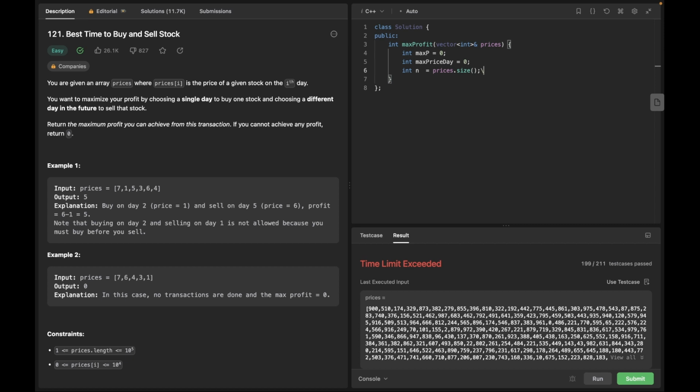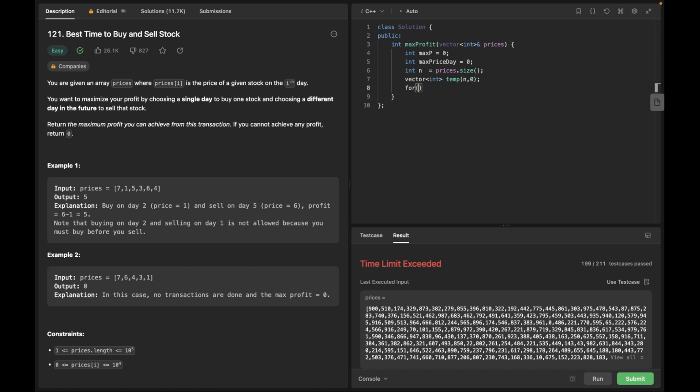Let's initialize a temporary vector or an array. Let's initialize all the elements of this array to 0.